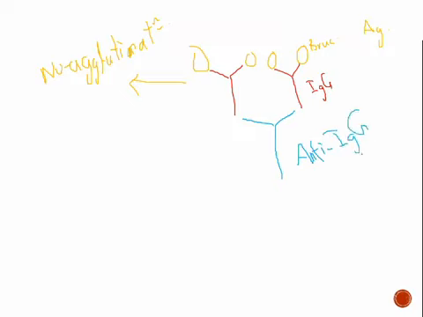Now, what this anti-IgG will do is make a bridge between adjacent IgG antibodies. The light chain of the anti-IgG will bind to the heavy chain of the IgG antibody. So it will cause bridging between adjacent IgG antibodies, and thus it will cause agglutination.